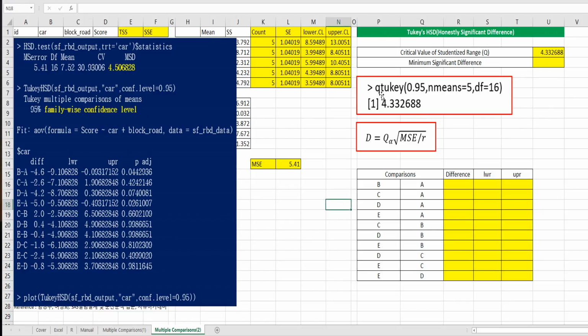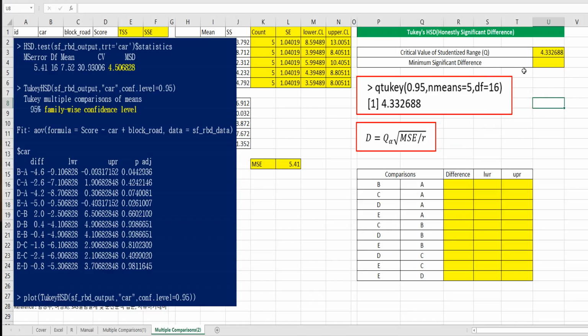So we can calculate MSD by this formula, and the Q critical value can be calculated by this formula in R. So we consider a 5% significance level, and there are 5 replications, and degrees of freedom is 16, right? Because 4 times 4.